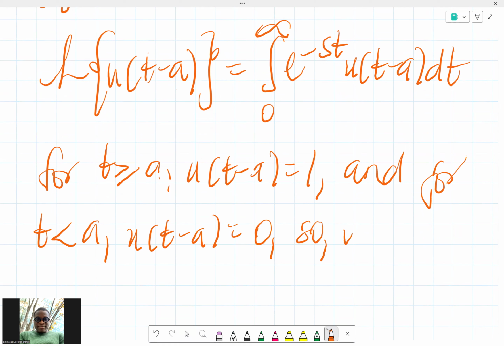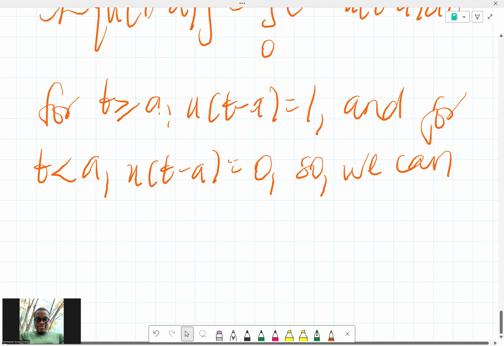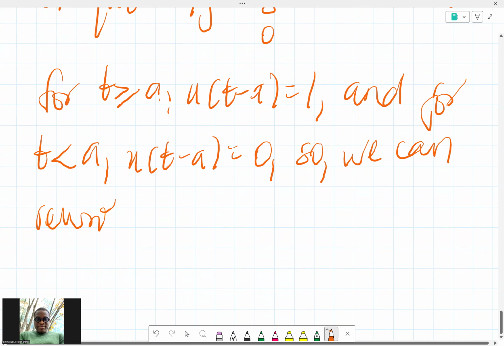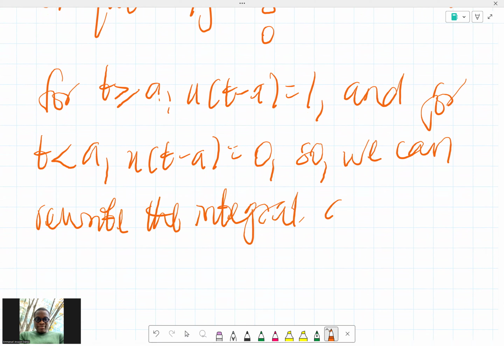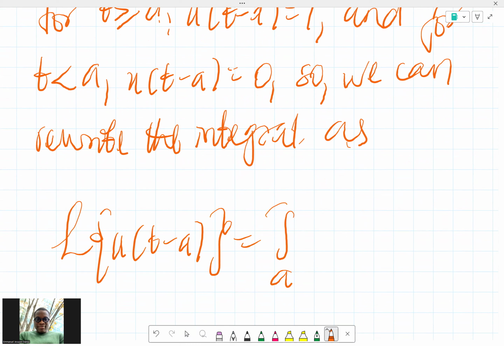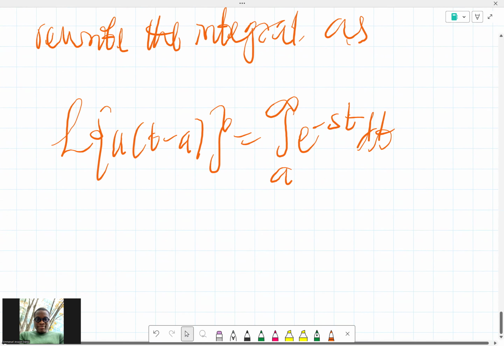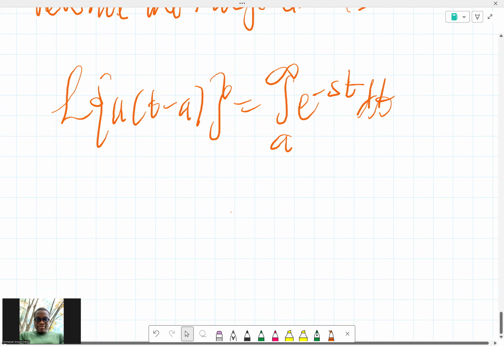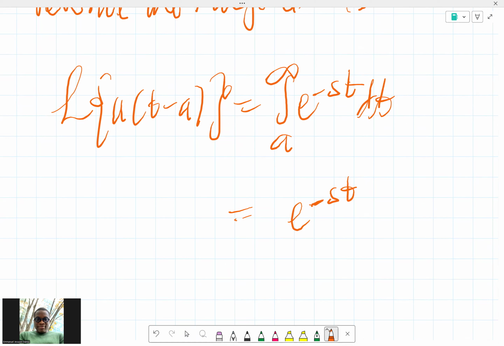So we can rewrite the integral as the Laplace of u of t minus a equals the integral from a to infinity of e raised power minus st dt. If we evaluate that integral, we have e raised power minus st all over minus s, evaluated from a to infinity.